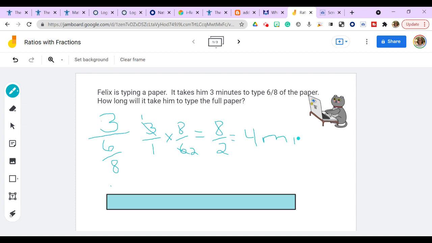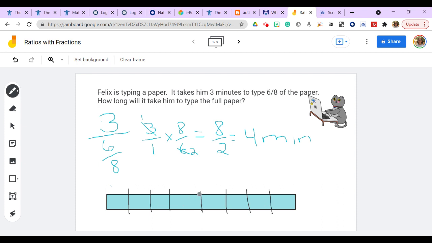Does that make sense? I think so, because we know that it takes him 3 minutes to write 6/8 of the paper. So if I was to cut this into eighths, 1, 2, 3, 4, 5, 6, 7, 8.